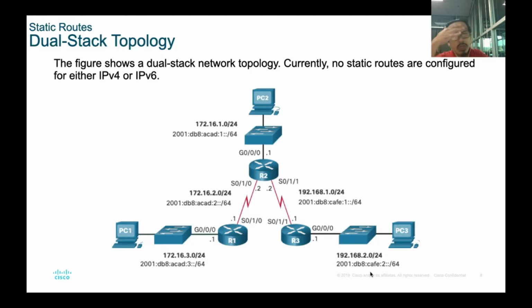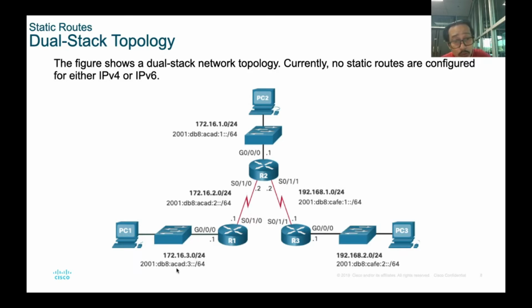So in order to add this to the routing table, R2 needs to be applied with the command ip route, network ID 172.16.3.0, subnet mask 255.255.255.0, and next hop.